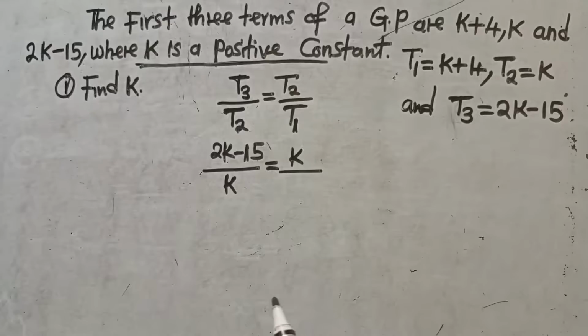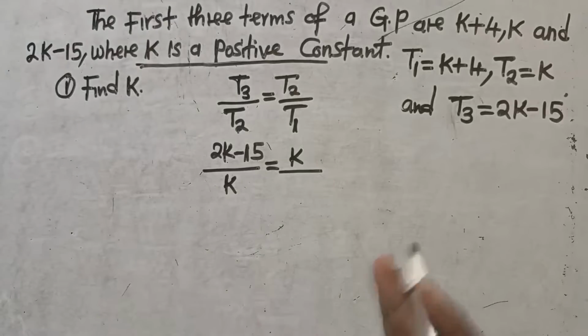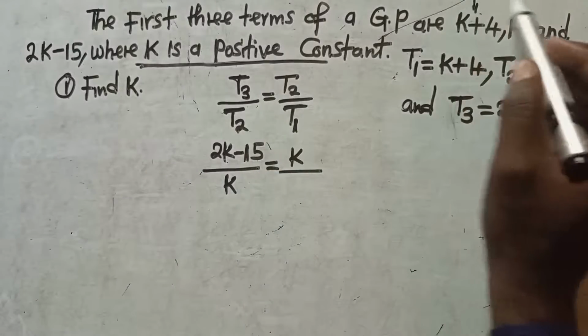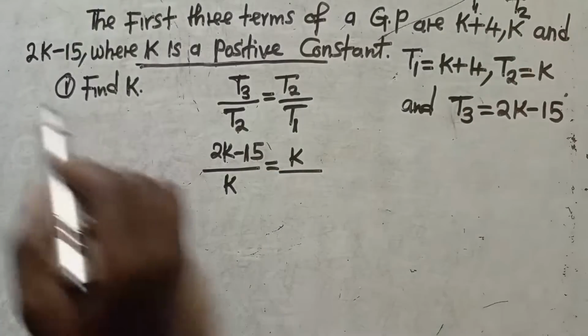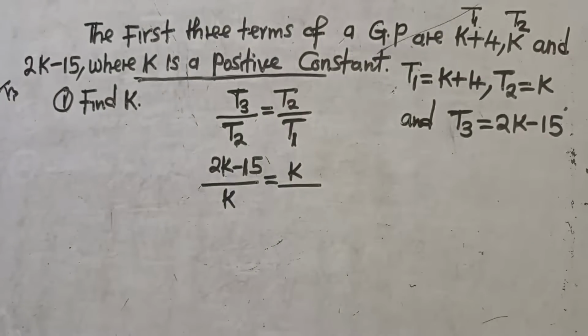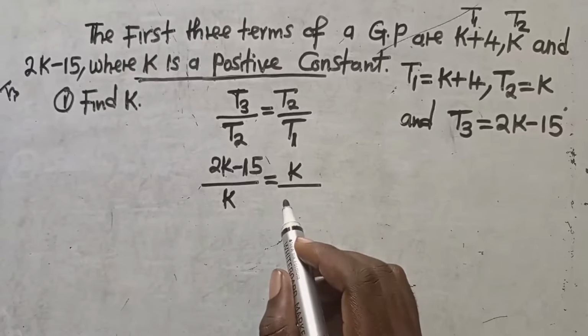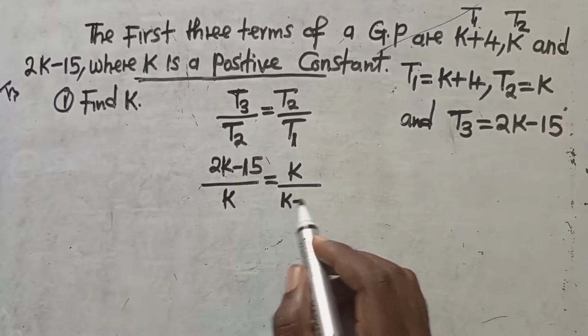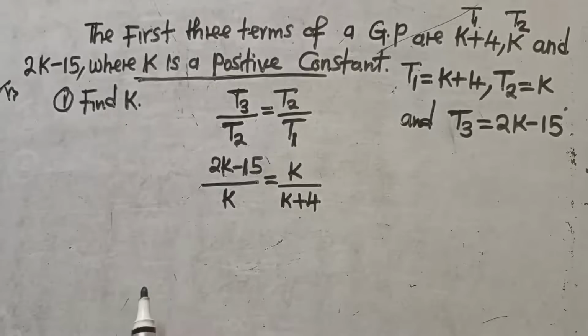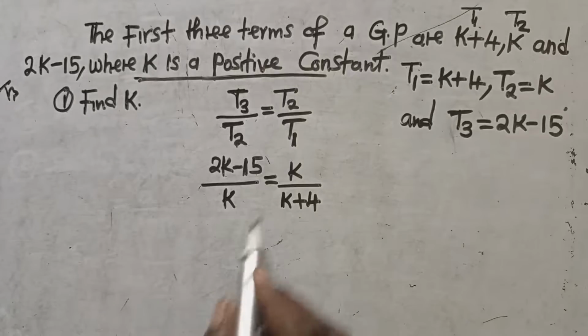The first three terms of the progression are given in the same order, so this is the first term, this is the second term, and this one is the third term. You just answer questions the way they are given. So the first term is k plus 4. This has now become an equation. We solve this particular equation and find the value for k.